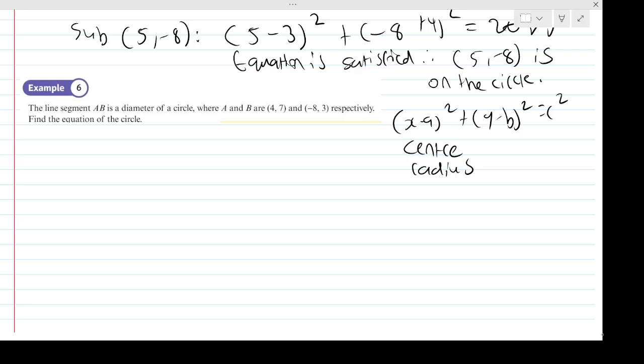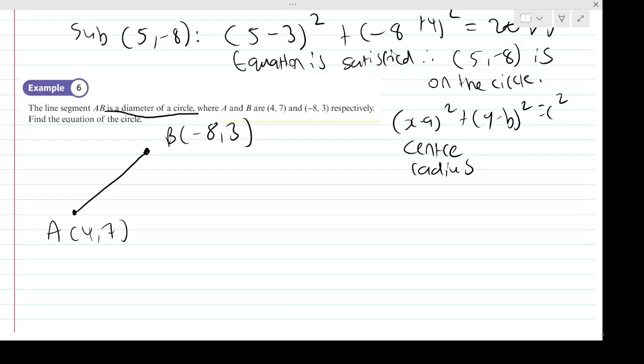Let's have a look then. We're given a line segment AB where A and B are 4, 7 and minus 8, 3. We did an example like this last time. It's a good idea to do just a quick little diagram of the line. So A is 4, 7. B is minus 8, 3. Now what we're also told is that AB is a diameter.